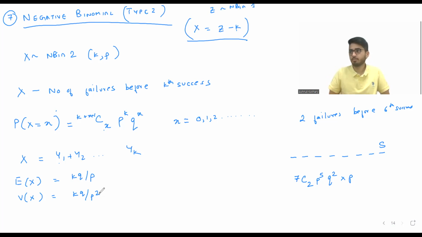If I divide any positive number by a number less than 1, the total value will increase. So my variance is always greater than the mean in the case of the negative binomial type 2 distribution. Take this as well, it might be required: the variance of a negative binomial type 2 distribution is always greater than its mean.